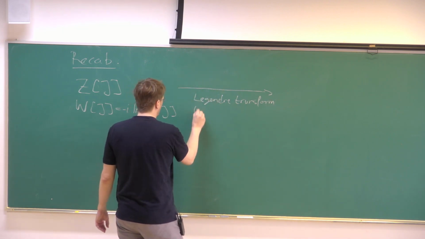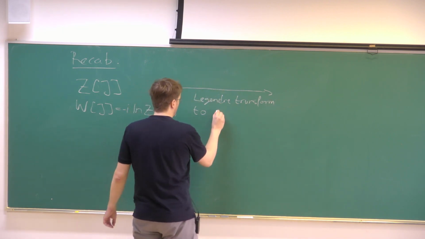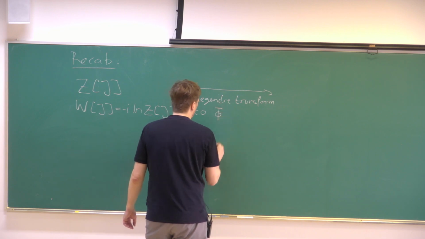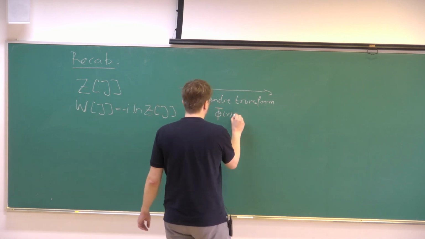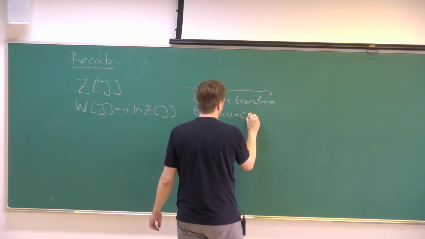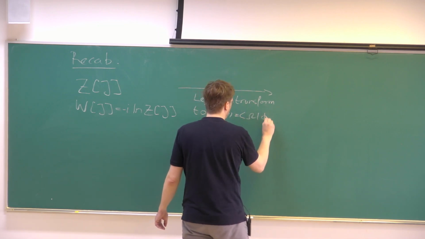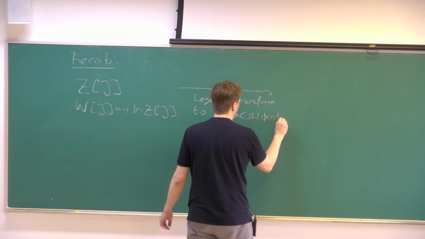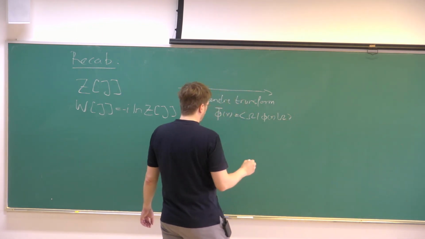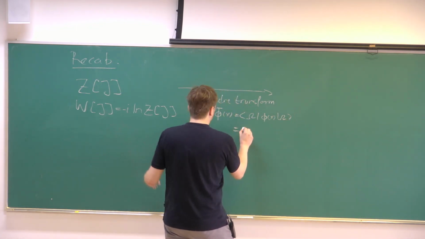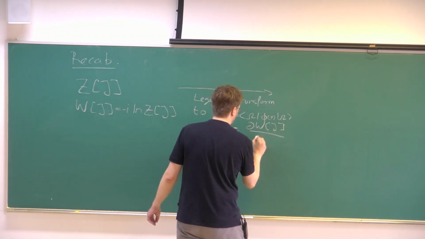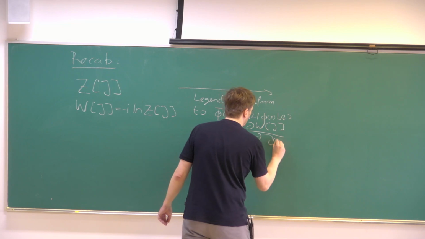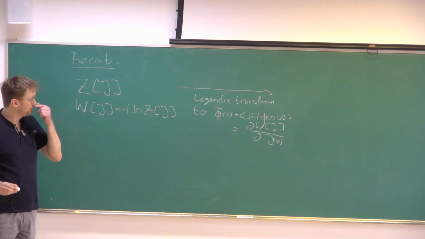To the variable, which I called phi bar of x, which is the expectation value of the operator phi of x, and it's just given by the derivative of this generating functional W with respect to the current.